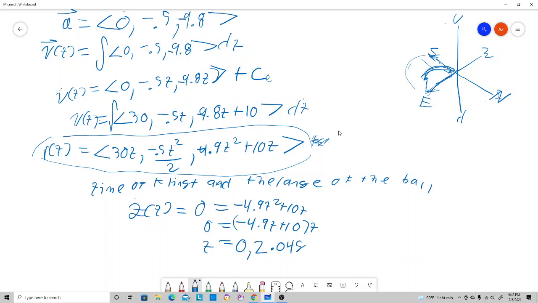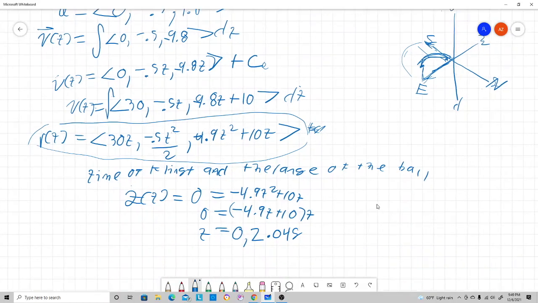Sorry, let me check something. Yeah, so if we're trying to figure out the overall range of it, we have to find the magnitude of the position.